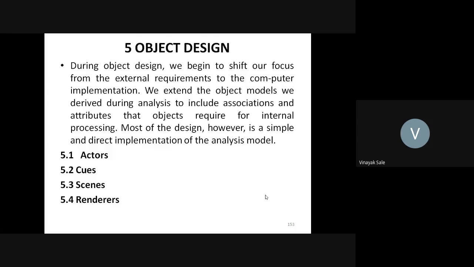Most of the design, however, is a simple and direct implementation of the analysis model. So there are four parts: actors, cues, scenes, and renderers. We'll see them one by one.